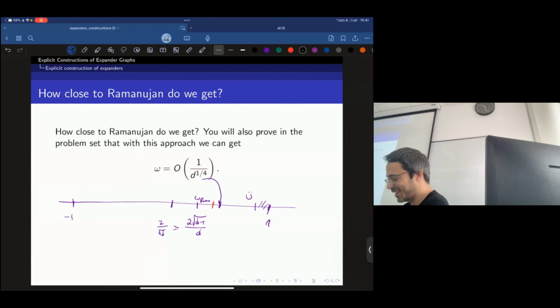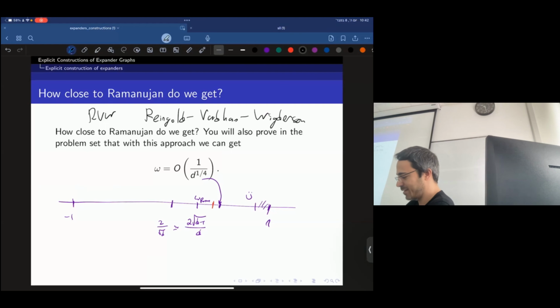So good. That's a famous construction by RVW. It's Reingold, who will appear in a second also, Vadhan, kind of the gods of pseudorandomness, and Wigderson. They introduced this thing, the zigzag product. All of these are in the same paper.